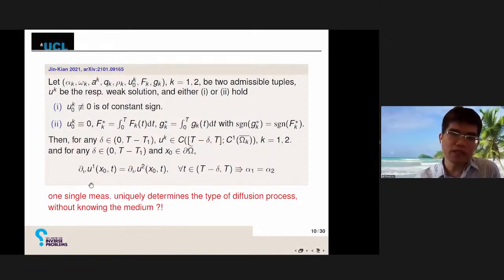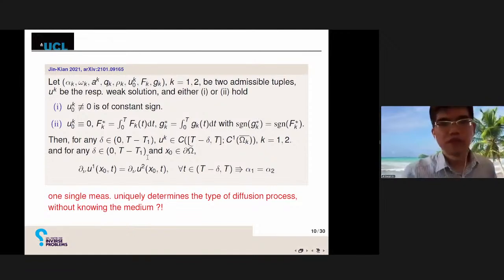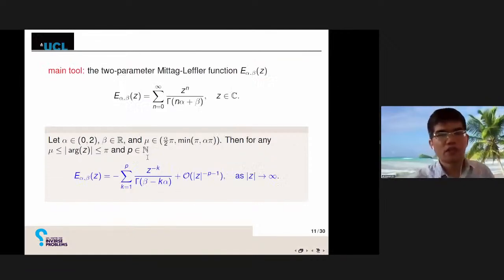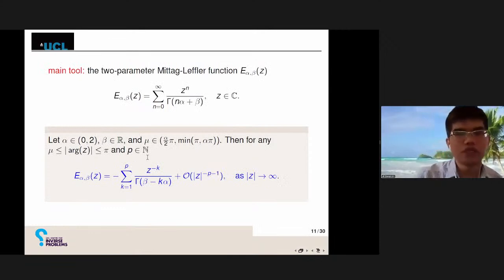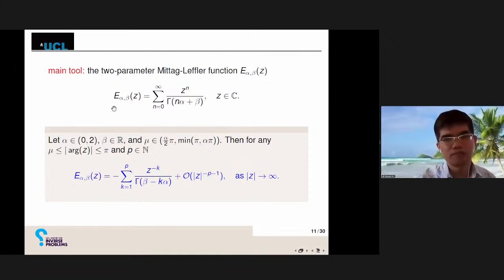And the surprising thing is, as I mentioned earlier, that we actually do not need to know the medium properties. All the other parameters we still don't know. Let me just give you a brief description of how we can get this kind of result. The main tool is very simple.